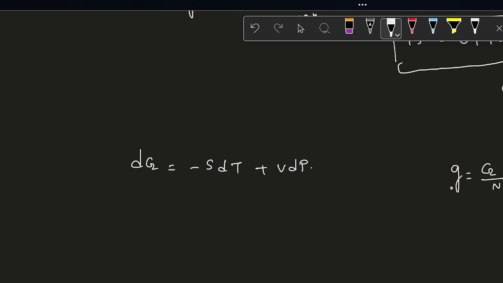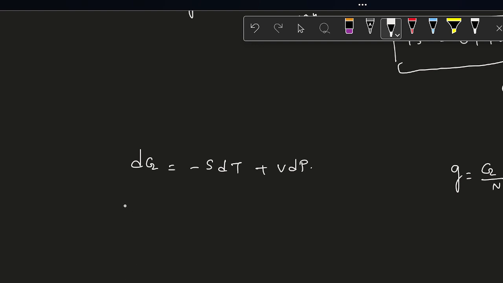Similarly, if the total entropy is capital S, dividing by the number of molecules gives the entropy per molecule, small s. Similarly for volume, the total volume divided by the total number of particles is small v. So these are the newly defined quantities.